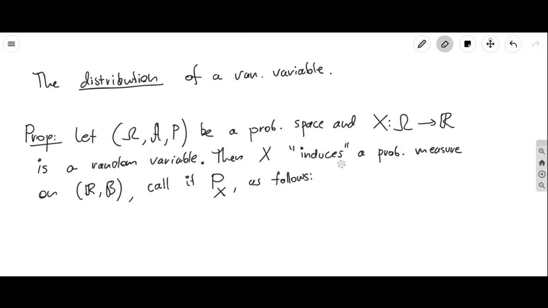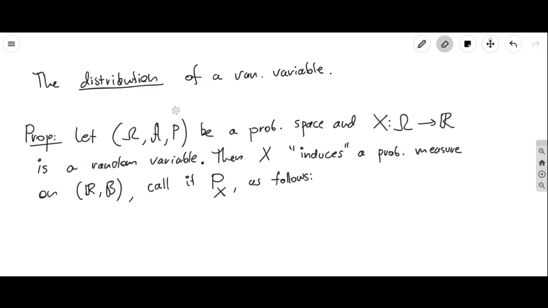So here's what's going on. At the moment, we have a probability measure on this abstract space. We have the real line with the Borel algebra, but there is no probability measure on this. This is actually what we talked about in the previous lecture. In our first real lecture, the first lecture was technically an introduction, we talked about what it means to be a probability measure, and then in our follow-up lecture, we talked about probability measures on the Borel algebra.